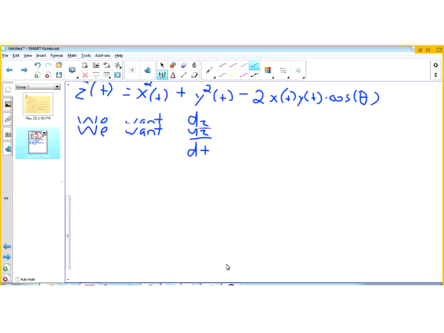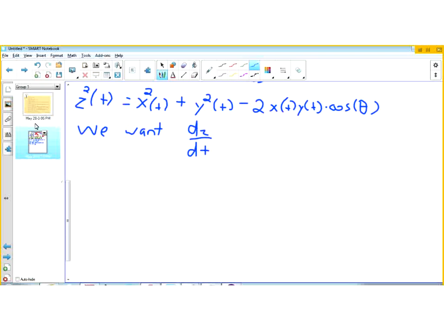That's the answer to our problem. So we differentiate both sides of this equation with respect to time. We use the power rule, so this would be 2 times the distance function, and we have to use the chain rule because z is a function of time. This is the quantity we want.